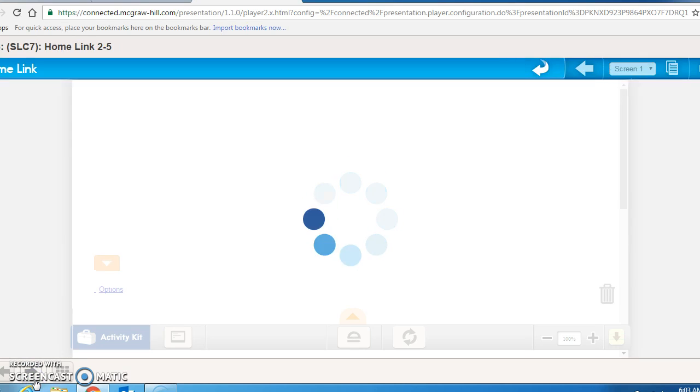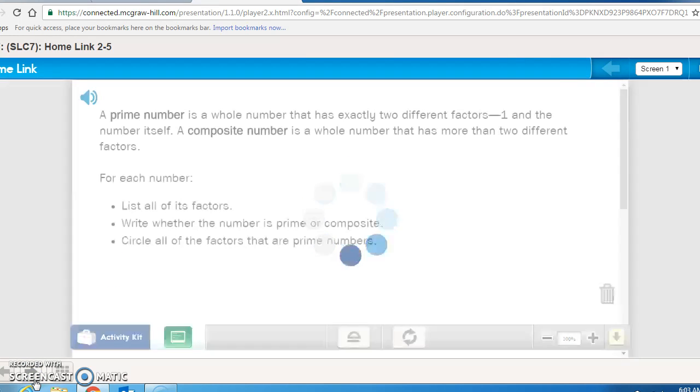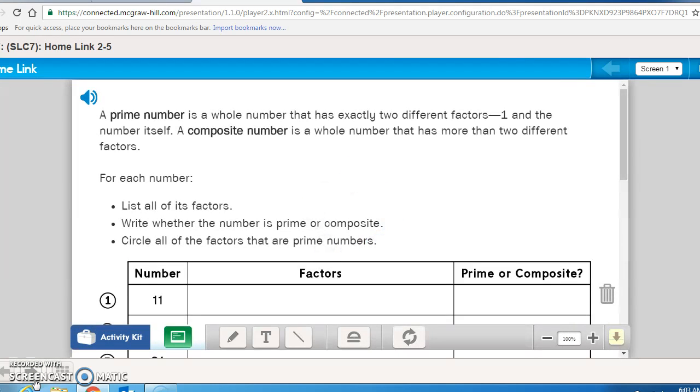So the answer key. And the final thing I would like you to do for me is to do page 64. It's a Math Masters page, meaning it is not in your Math Journal. It is a loose leaf sheet that you need to come back to me and get that reads prime and composite numbers at the top.